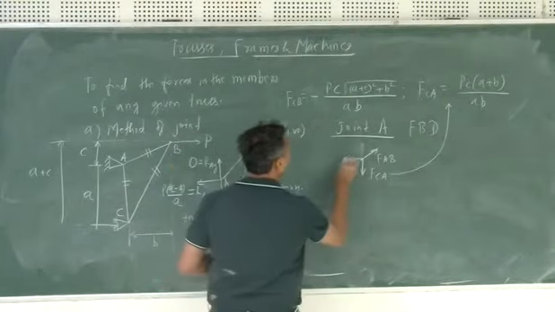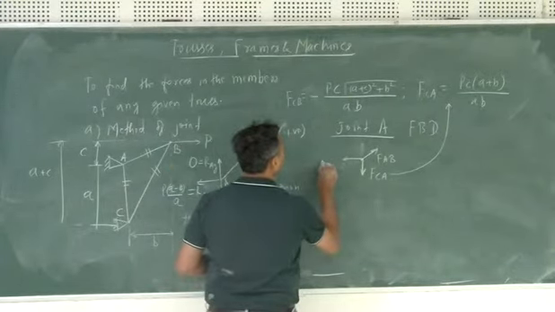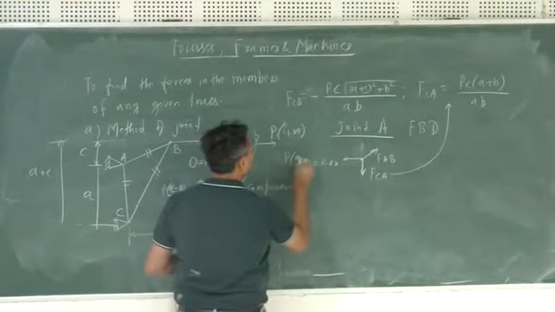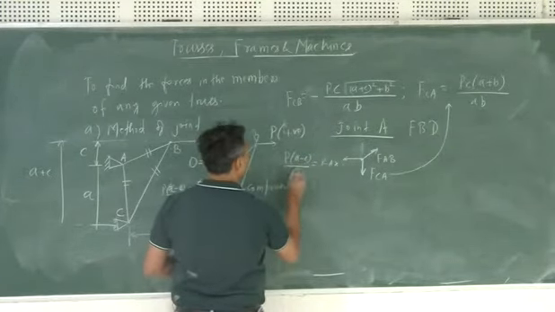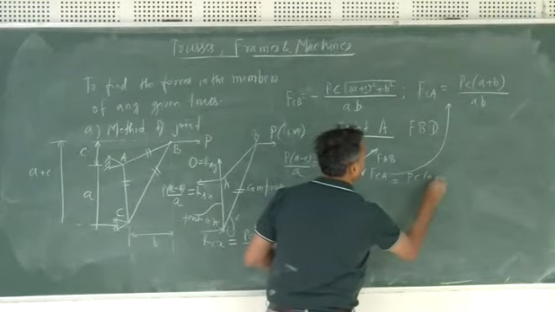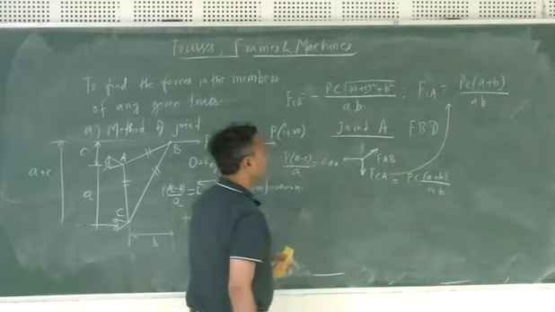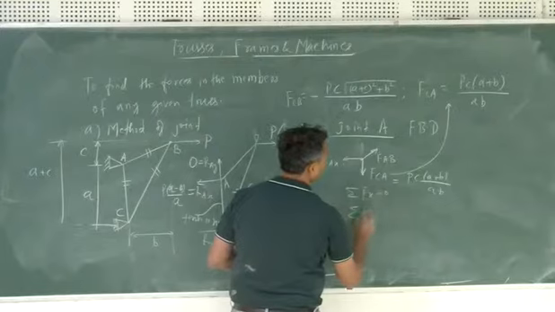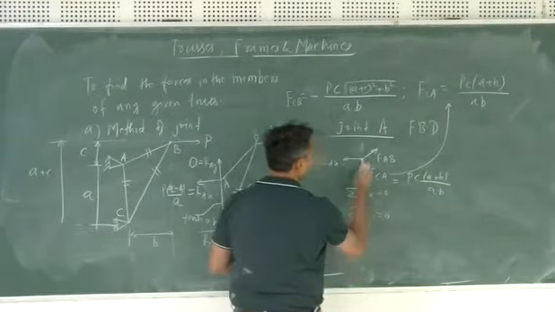Then you have RAX which was acting in this direction, RAX which was given by A minus C, A plus B divided by the. Here again you can use summation of Fx is equal to 0 and summation of Fy.